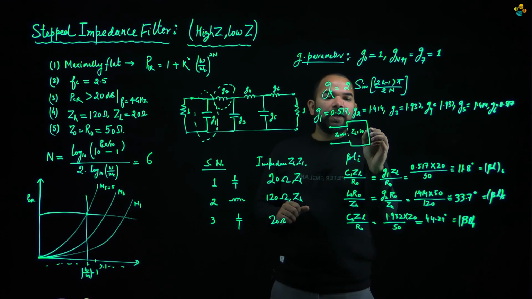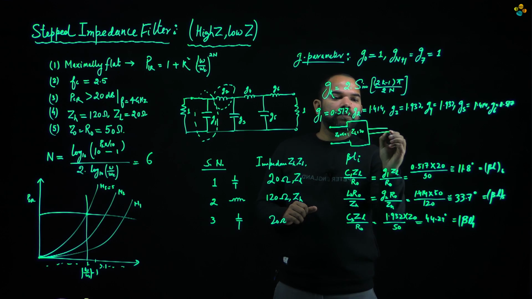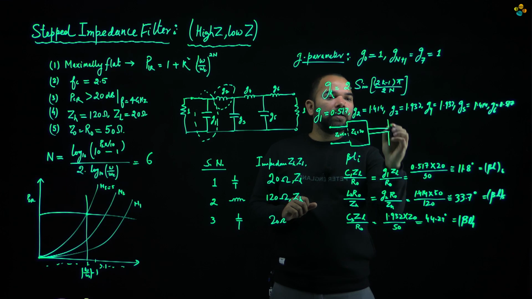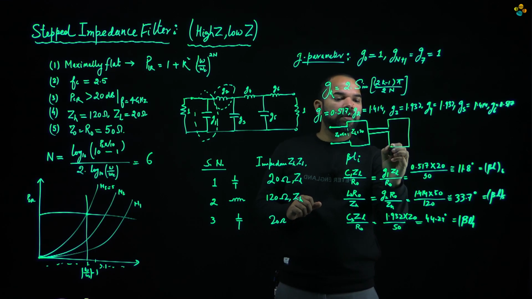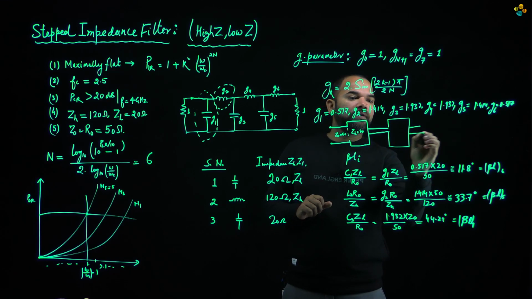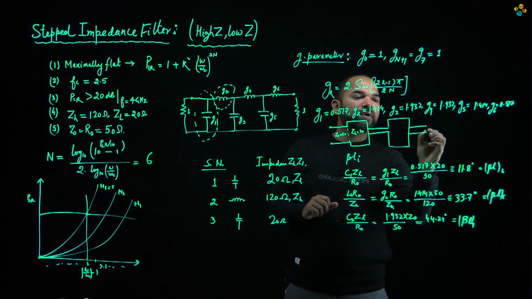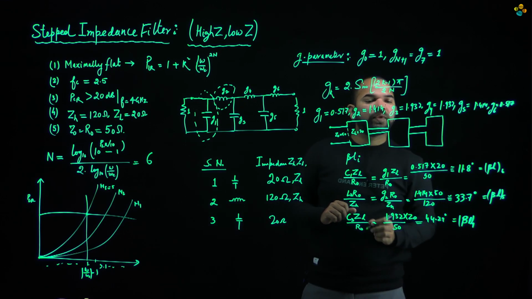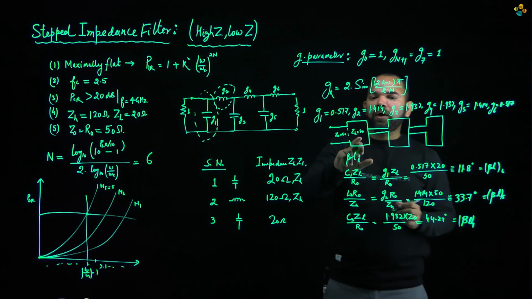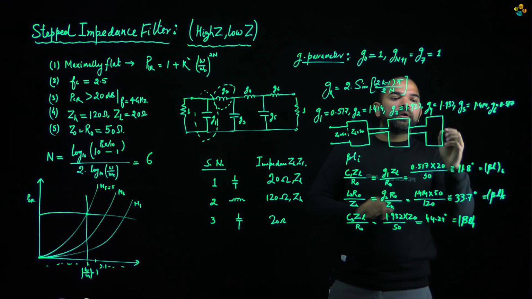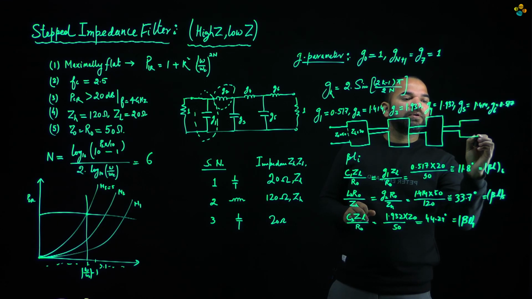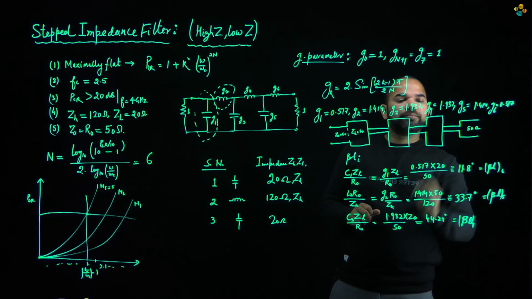Then again a high impedance line to represent this inductor. Then again a low impedance line to represent a capacitor. Then again a high impedance line to represent an inductor, and then capacitor. So 1, 2, 3, 4, 5, and the last line is an inductor, and then we have again a system impedance of 50 ohm.